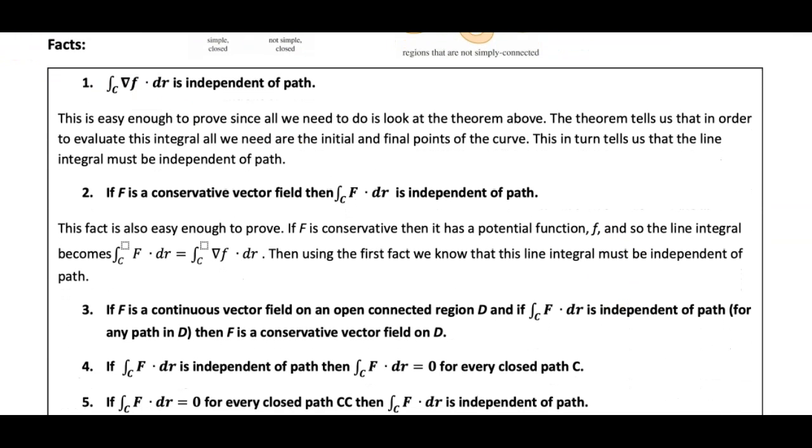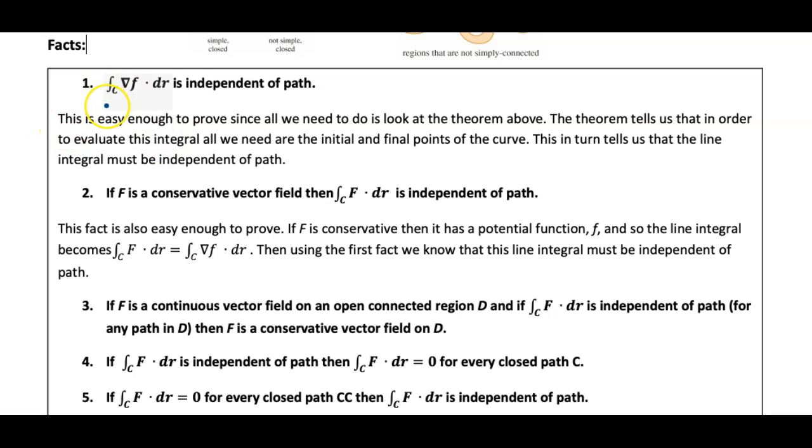All right, so just to summarize, we said that the integral over the curve of the gradient of f dotted with dr is independent of path. We covered this. It doesn't matter what the path is. Then if F is a conservative vector field, the integral of F dotted with dr is independent of path.